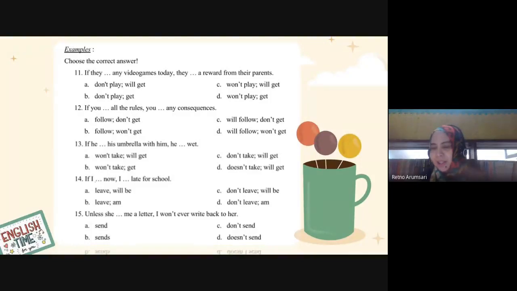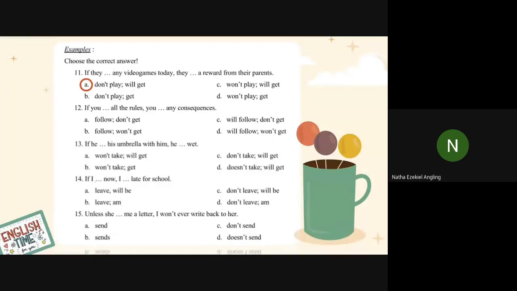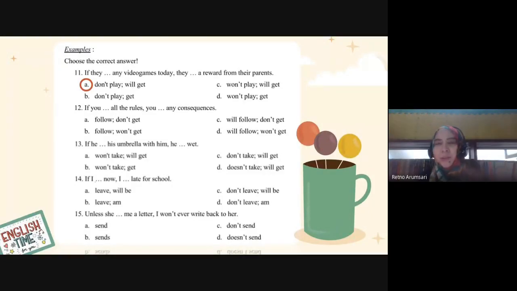Yes, that's right, Nata. If they don't play any video games today, they will get a reward from their parents. Okay? So the if clause uses the present simple. The result clause uses the will future. It's always like that. Present simple, if present simple, followed by will future.